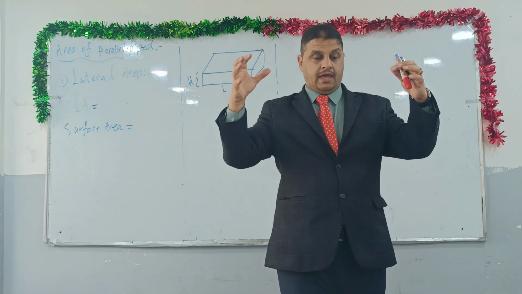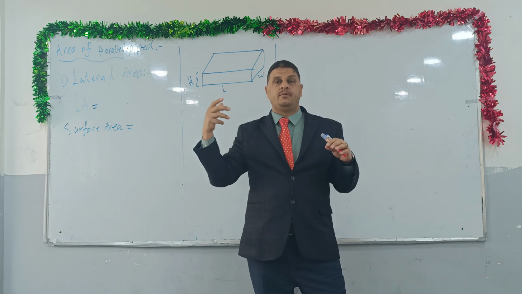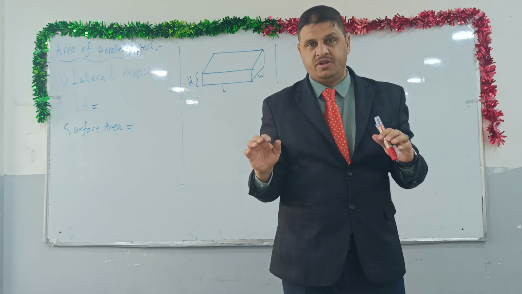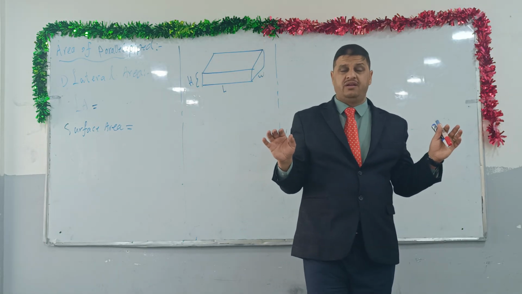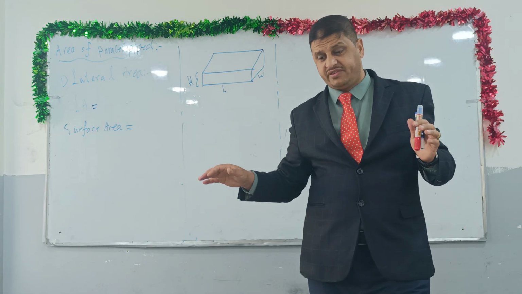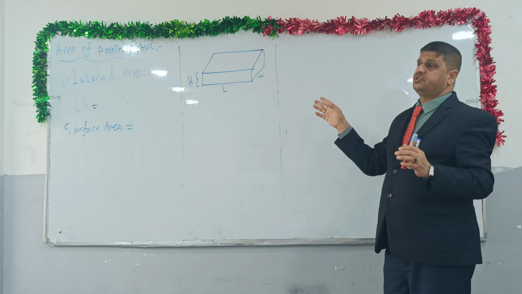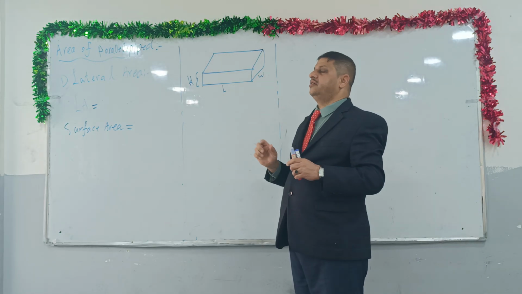It is a three-dimensional figure, the same as the cube, but the difference between them is that the cube's edges are all equal. If the length is 5 centimeter, then the width is 5 centimeter and the height is 5 centimeter. But here the situation is different. They are all different: length, width, height.